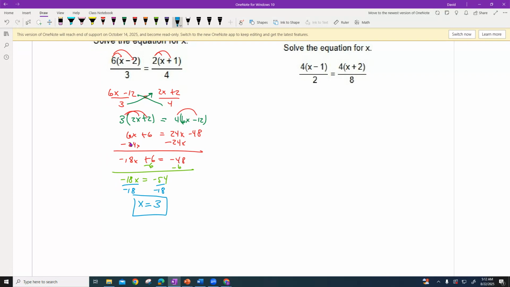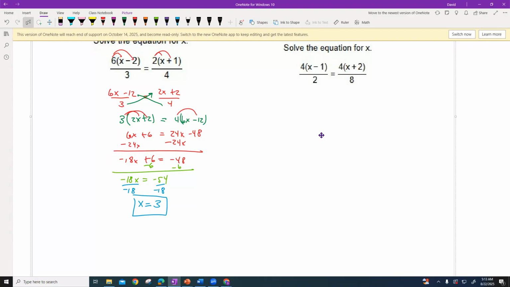X is 3. All right, so a lot of math here. Distributive property, isolating the variable. We've been working that for weeks now. So we should be getting pretty efficient at it and kind of a normal flow here of things happening. All right, try this one here and we'll see how you do. Pause your video and then come on back.